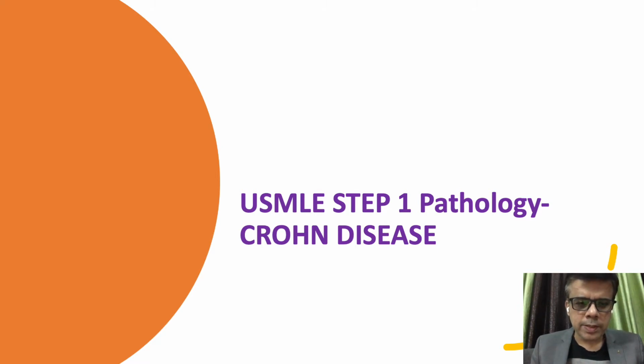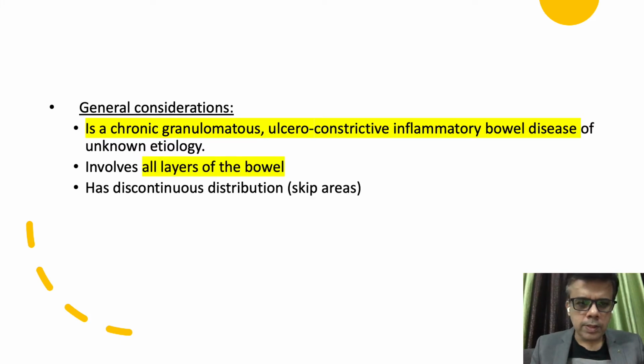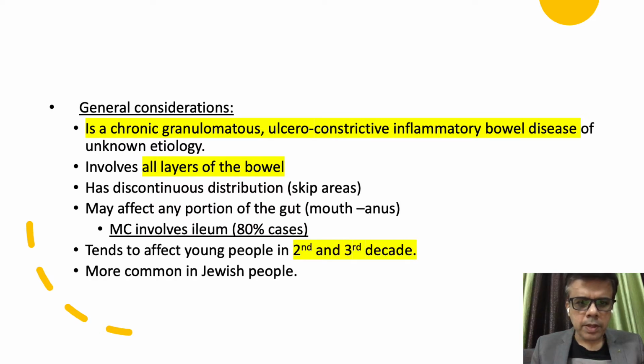We are going to discuss the salient aspects of Crohn's disease. So, Crohn's disease is a chronic granulomatous ulcerative disorder, and it is an inflammatory bowel disease that involves all the layers of the bowel.